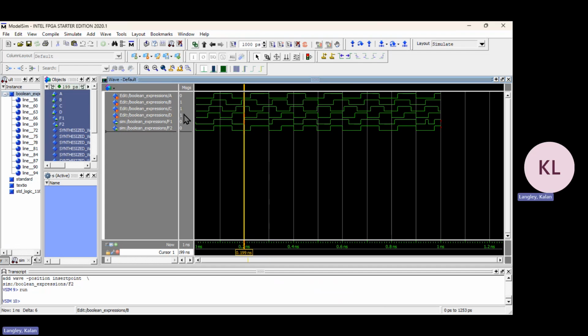Yep, BCD, F1, F2, 0, 0. All right, and from here on out, the rest of the expressions should mirror one another. So F1 and F2 should always be the same from here on out.